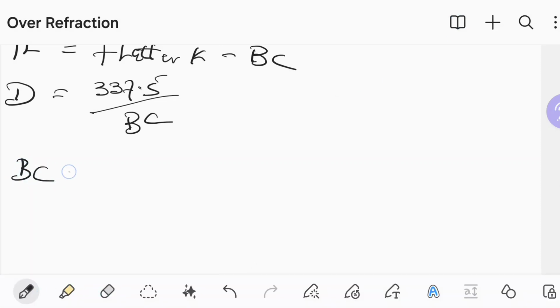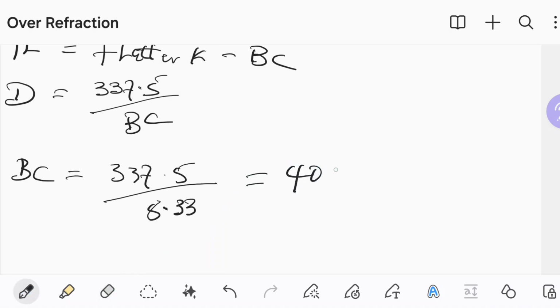BC is equal to 337.5 over 8.33 millimeters. This will also give us approximately 40.50. It was 40.51, but it's closest to 40.50.